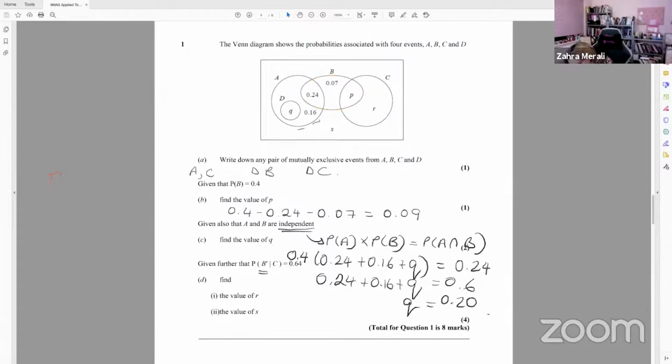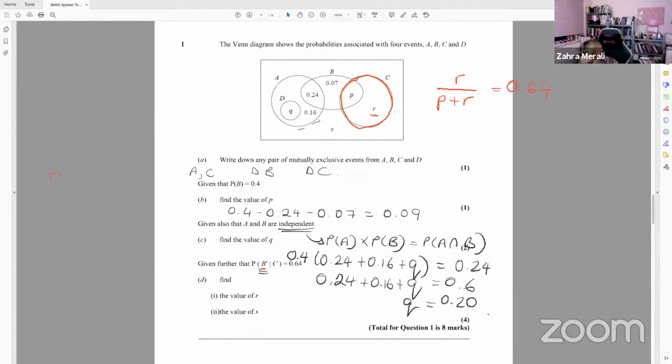I just care about C. So out of everything in C, not B, over that, equals 0.64. So how much is not B? Not B out of just this circle is R, divided by the whole circle, which is P plus R. We know all of that equals 0.64.